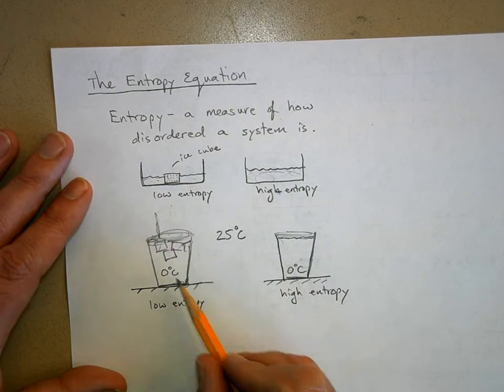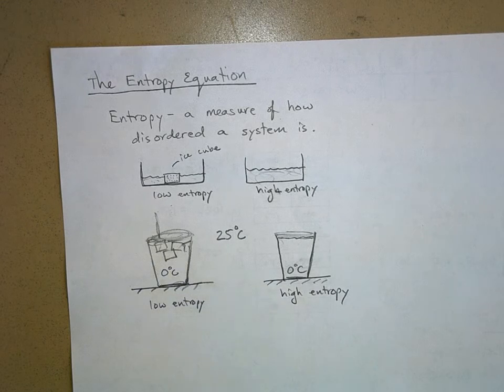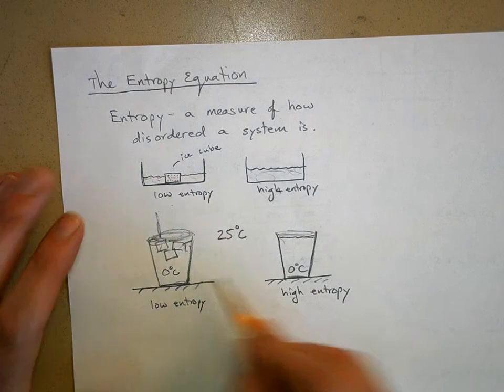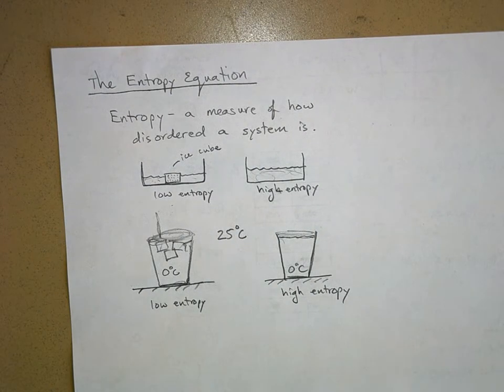Now it's still the same temperature, but the ice is melted now, right? So all those molecules of water that were in their nice ice crystals that were all arranged nice and neat, they're all like moving randomly throughout the water. So things are less organized, more disordered.